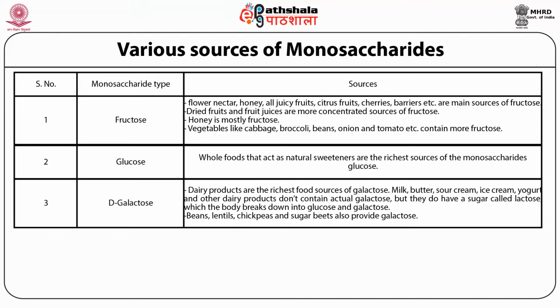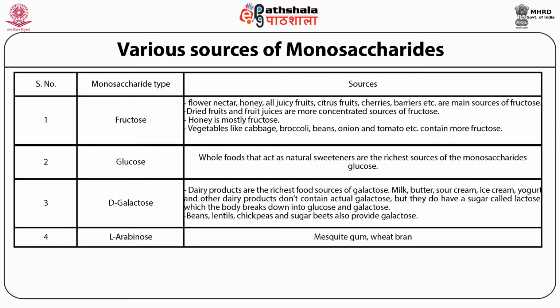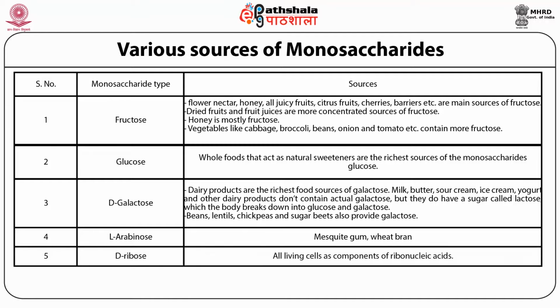The other main sources of galactose are beans, lentils, chickpeas, and sugar beets. And arabinose is also an important monosaccharide which is present in gums and wheat bran. And D-ribose is present in all living cells in the form of nucleic acids like RNA and DNA.